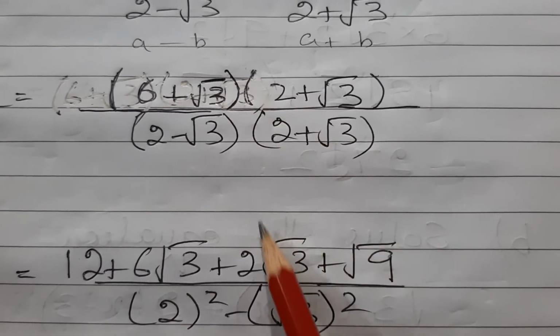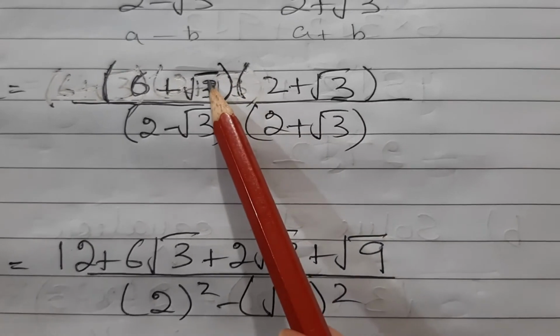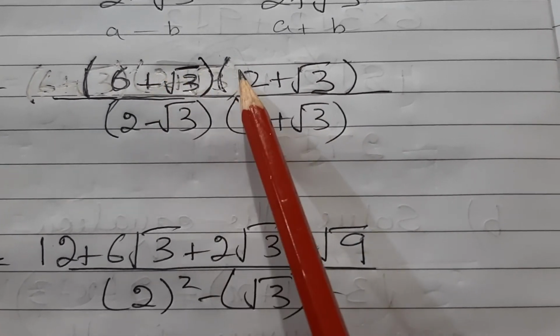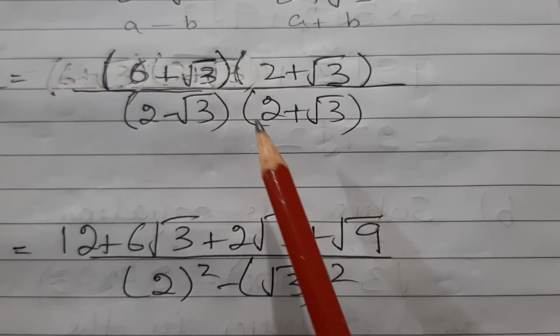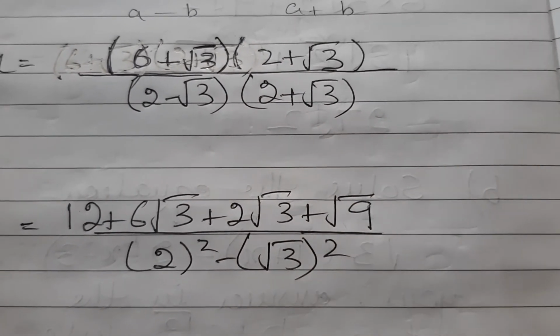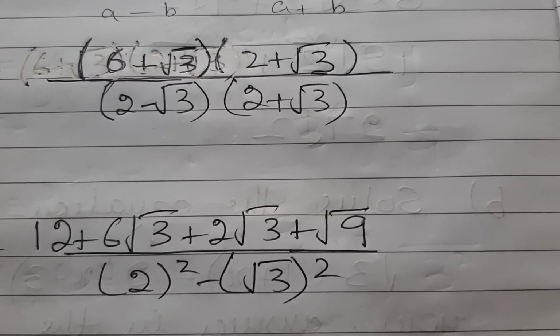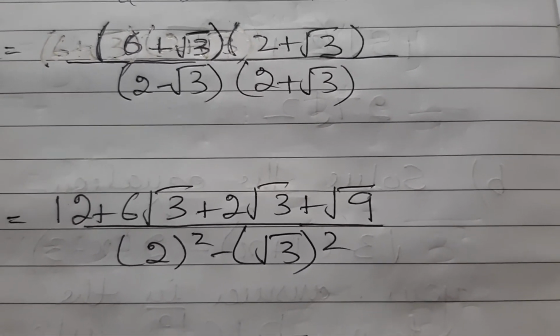Root 3 times 2 is 2 root 3. Root 3 times root 3 is 3. So basically, like we simply expand in algebra, I am doing that. And here I am applying the concept a plus b, a minus b equals a square minus b square.